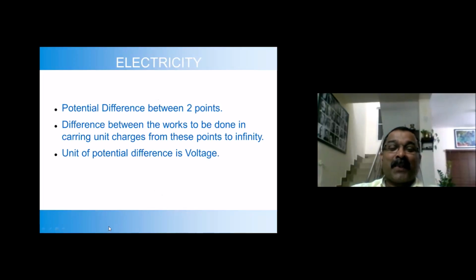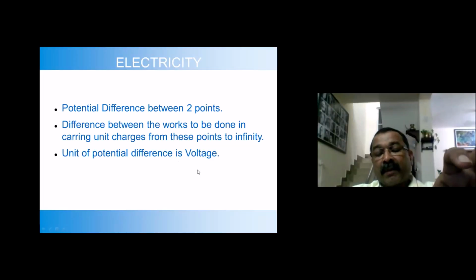So actually, the potential difference between two points is defined as the difference between the works to be done in carrying unit charges from these points to infinity. And the unit of potential difference is voltage. Potential at a point is expressed in a word called voltage.